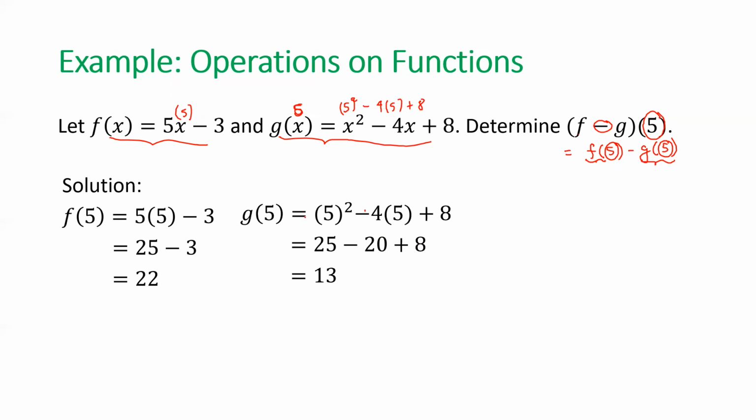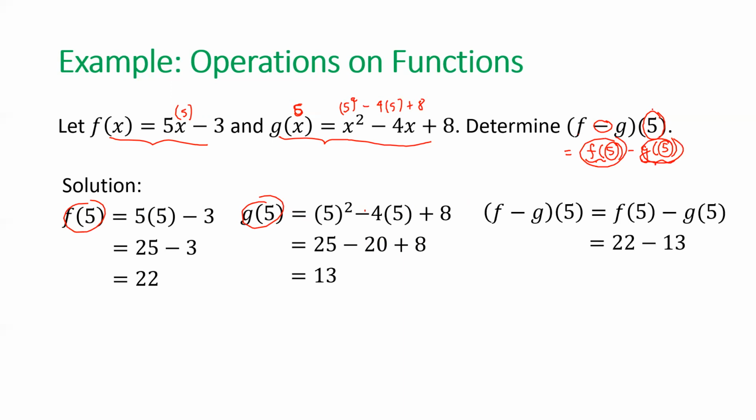Since we already have f of 5 and g of 5, we just plug in those values here, and we get 22 minus 13, which is equal to 9. So the value of f minus g of 5 is equal to positive 9.